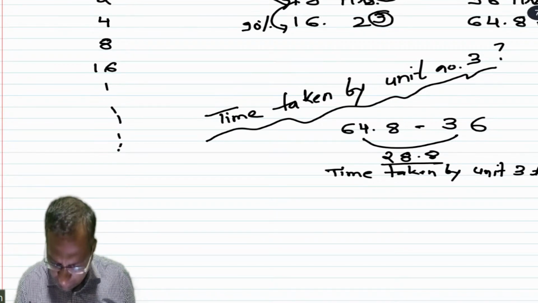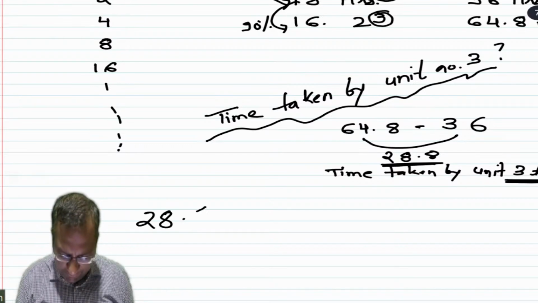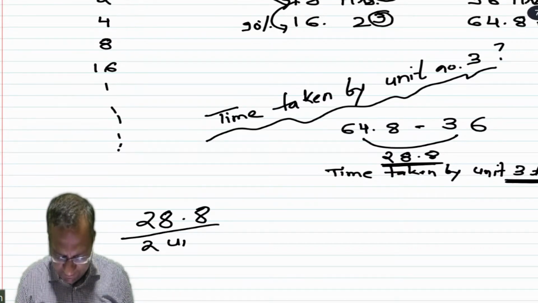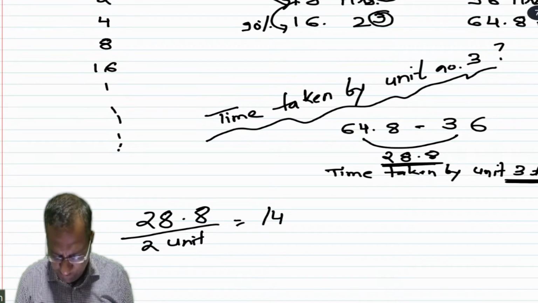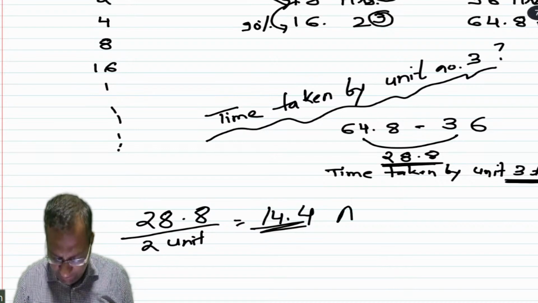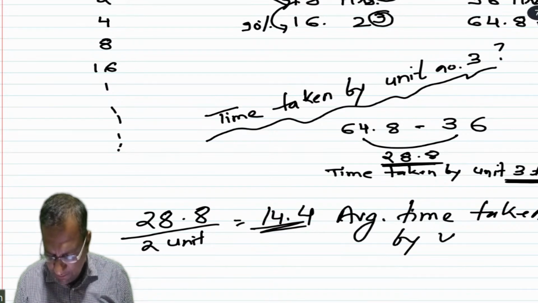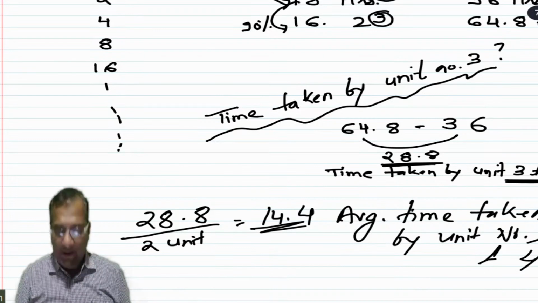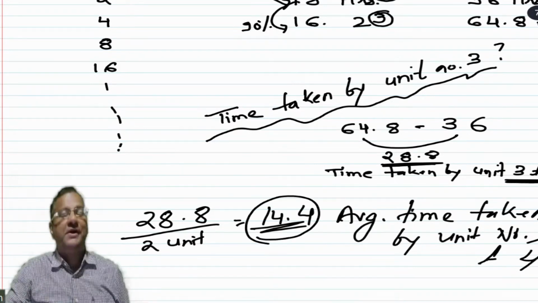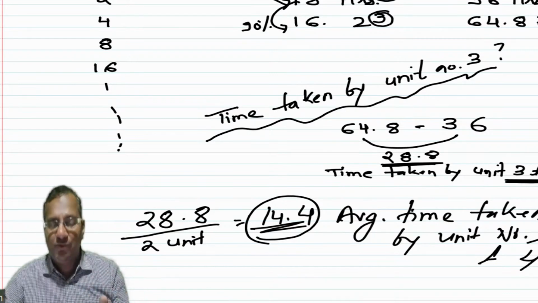This is the total time of 3 and 4. If you divide 28.8 by 2 units, it's 14.4, and I can tell you 14.4 is the average time taken by unit number 3 and 4. It's not the time taken by unit number 3, it's the average time taken by unit number 3 and 4.